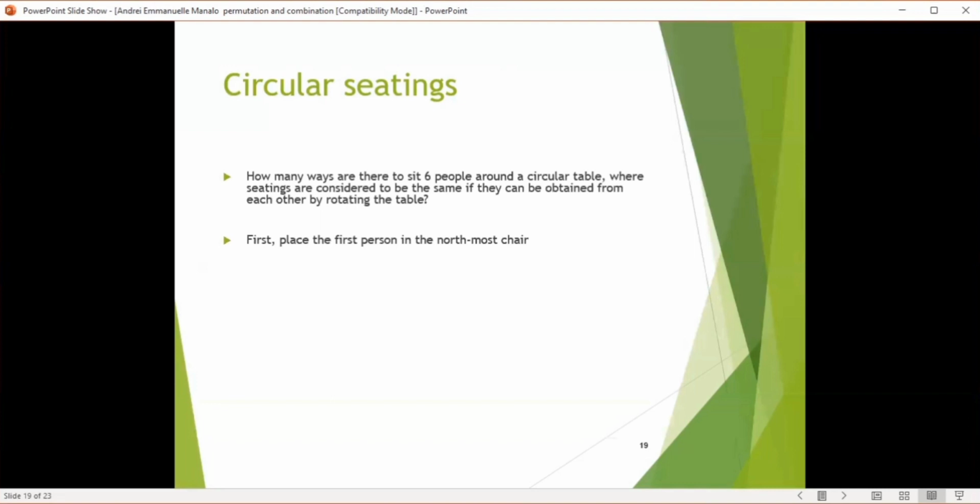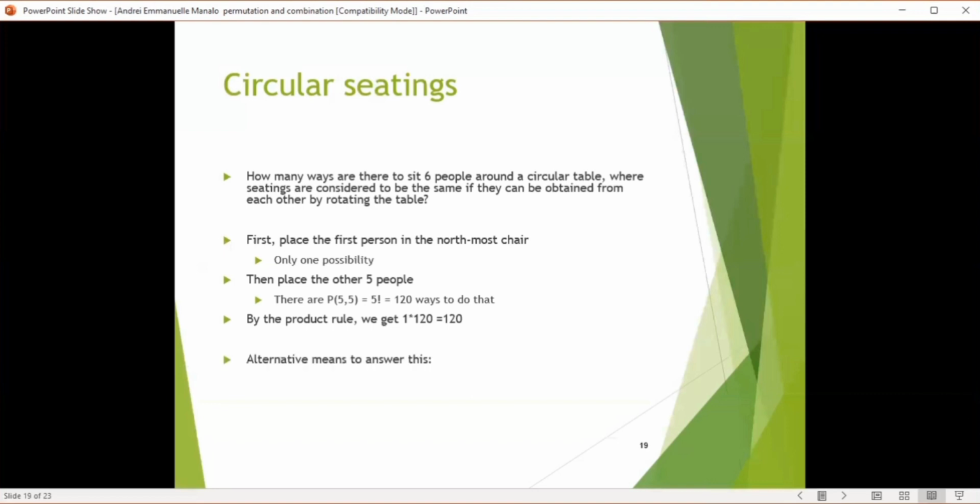First, place one person in the northmost chair, only one possibility. Then place the 5 other people. There are 5! equals 120 ways to do that. By the product rule, we get 1 times 120 equals 120.